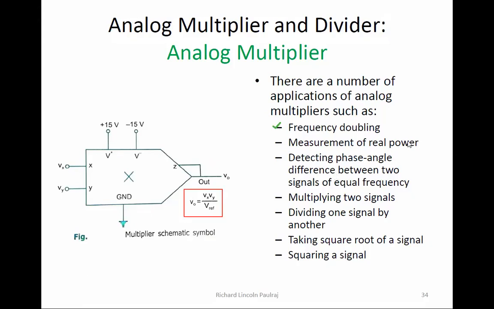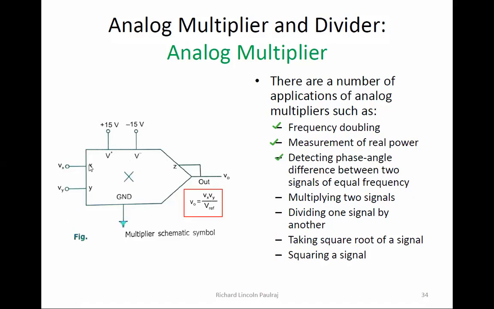So I can measure what is going to be my power delivery for any circuit. How is it going to happen? Because the plus and the minus terminals are actually very sensitive, so we can connect them, and this differentiating property, the difference between the inverting and non-inverting terminal, will enable me to measure power. Detecting phase angle difference between two signals of equal frequency, so that's also with the help of these terminals.